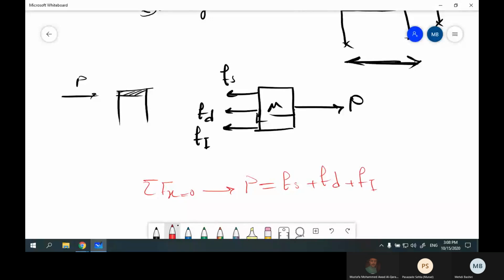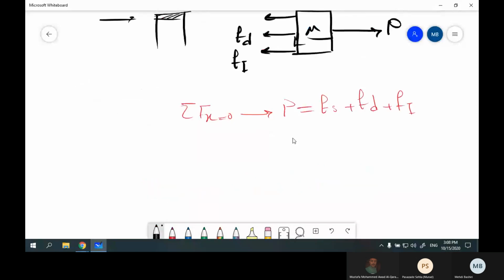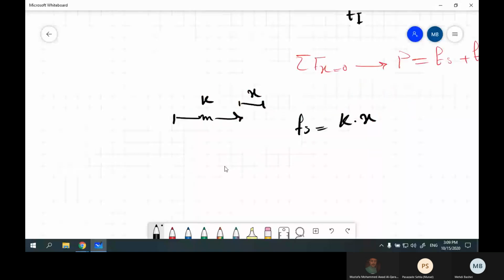Okay, what is Fs? Fs, I talked about it, is k dot x, like a spring. The force inside the damper, with a coefficient of c, triggers with speed or velocity.